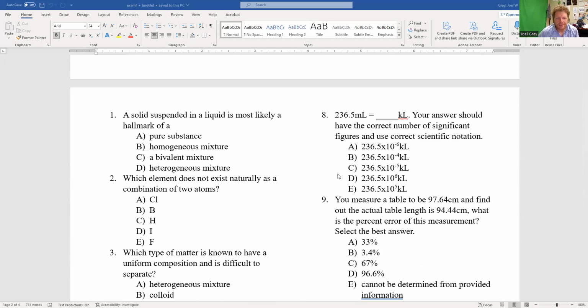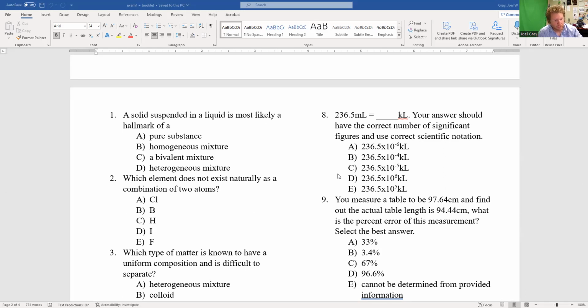So question number one, a solid suspended in a liquid is most likely a hallmark of a pure substance, a homogeneous mixture, a bivalent mixture, and a heterogeneous mixture. Okay, so a solid, which is suspended in a liquid.